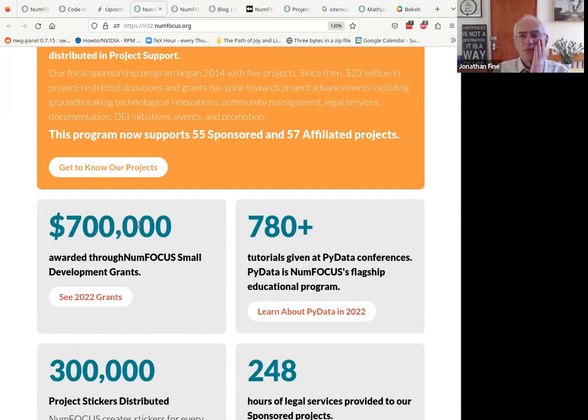Now, by way of comparison, the annual income of TUG is, I think, about $100,000. So in small focus grants, I think this is over the 12 years, this number.